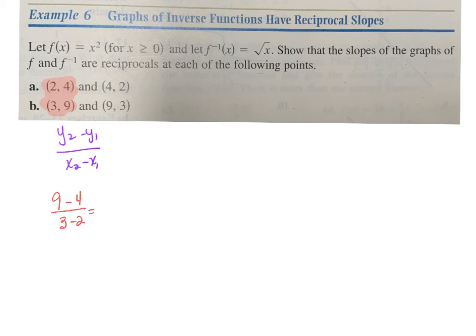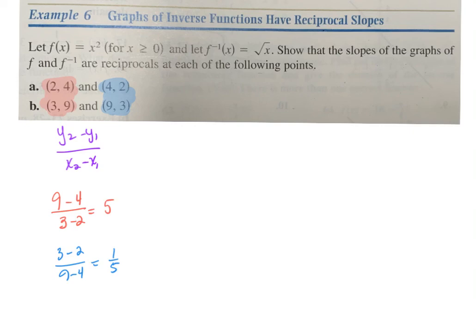My slope here is 5. I'm just doing the slope of the actual graph itself between these 2 points. If I do this one right here, then I'll have 3 minus 2 over 9 minus 4, and I'm going to get 1/5. So even between those 2 points, you can see that my slopes are going to be reciprocals.